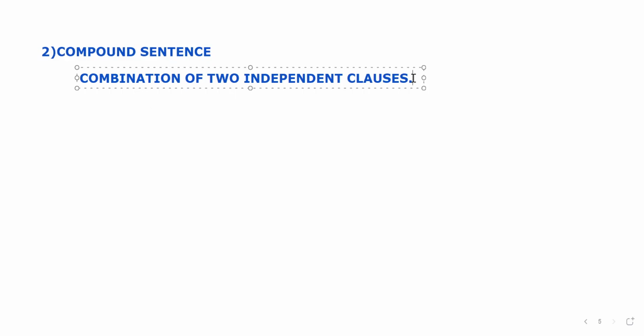Thank you. Okay, so a compound sentence is a combination of two independent clauses. These independent clauses are joined by three different things.